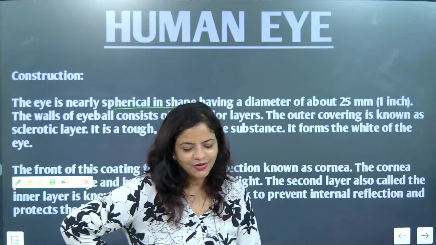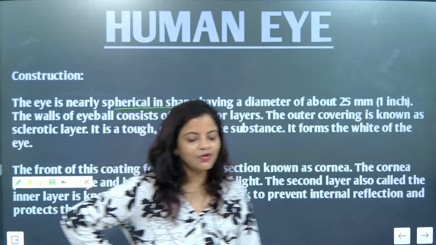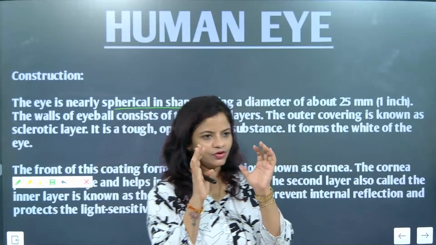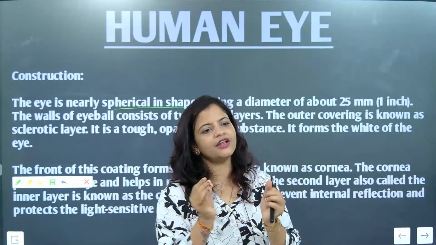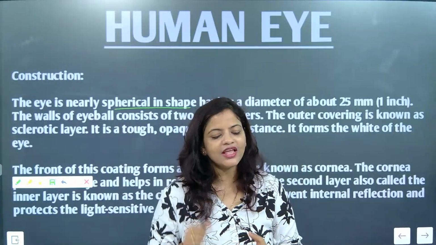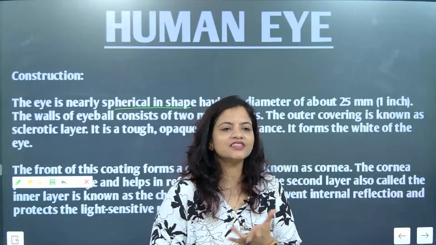False? No? Beta, you understand one thing. See, normal position of the eyeball: if the eyeball becomes a little bit elongated or short, then only hypermetropia and myopia defects are coming.